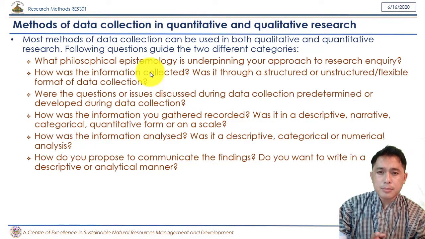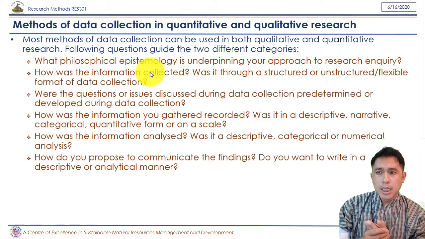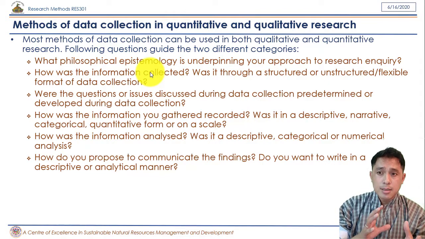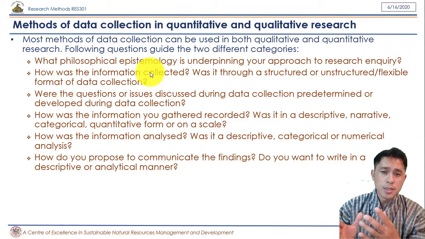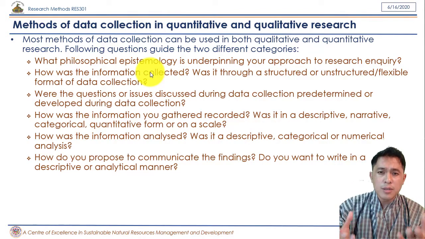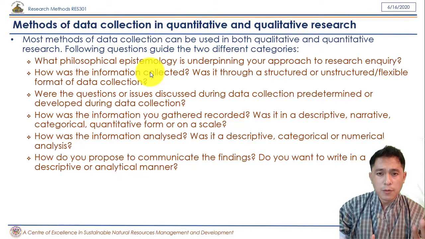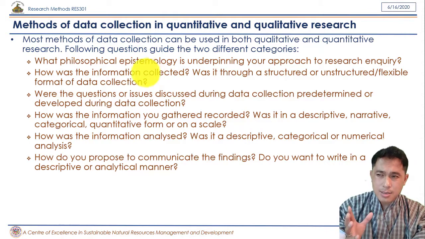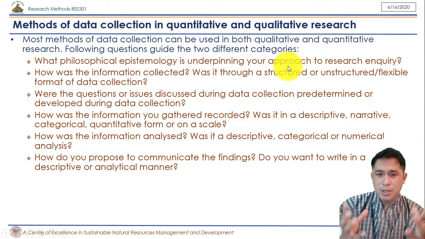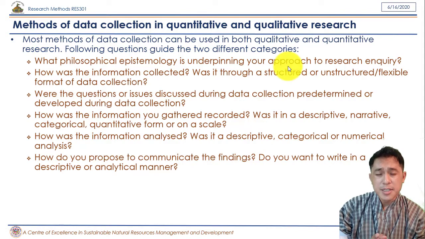And if I do a very structured interview, then that's the scope of quantitative. But if I do not do a very structured interview, but just a very free, flexible interview, then that's the scope of qualitative. So the general approach that you're trying to use really determines whether it is qualitative or quantitative.